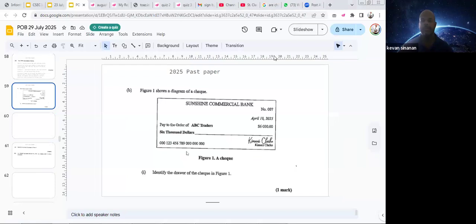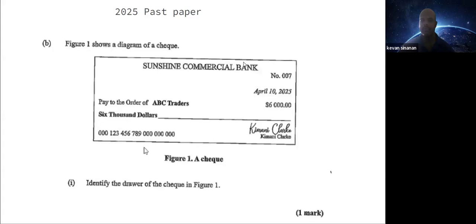In this past paper, you see how these past paper questions could be a little tricky. They like to test you on almost everything they can in those 2 hours.